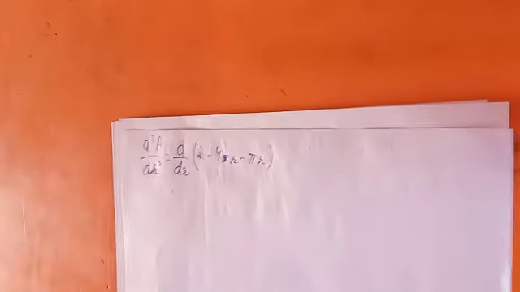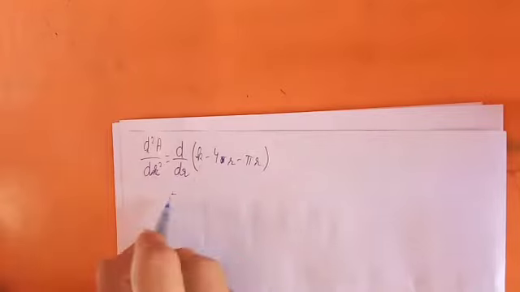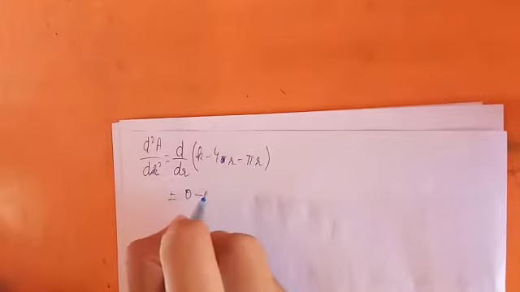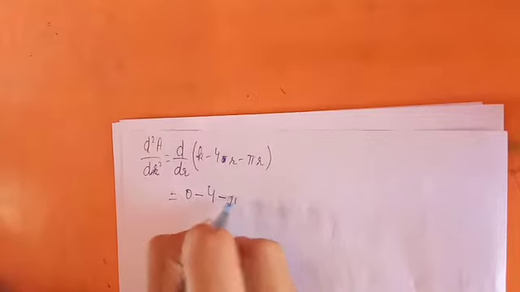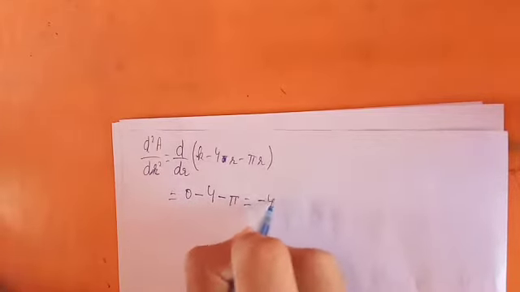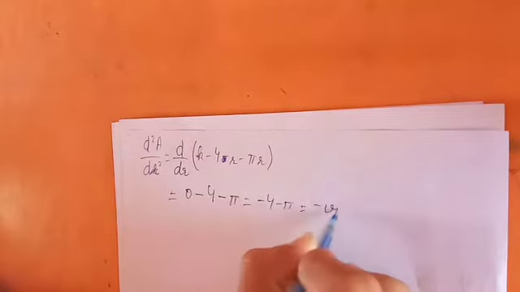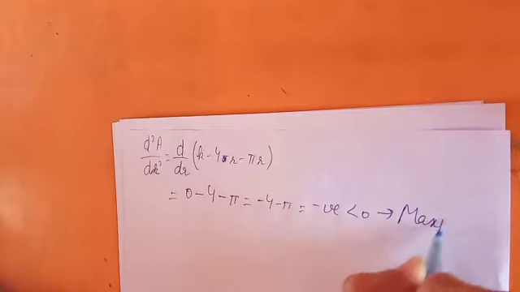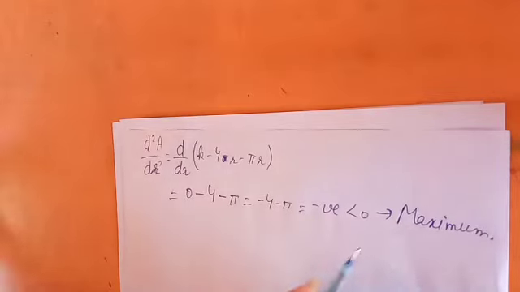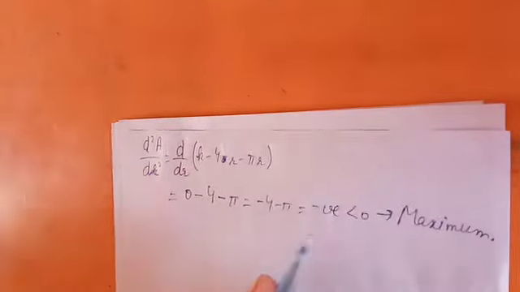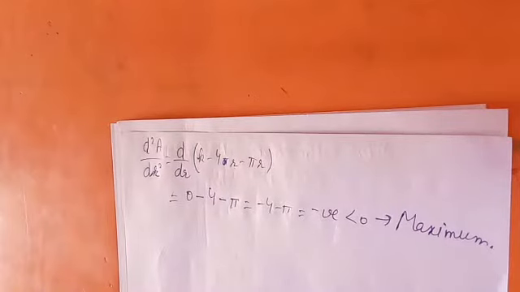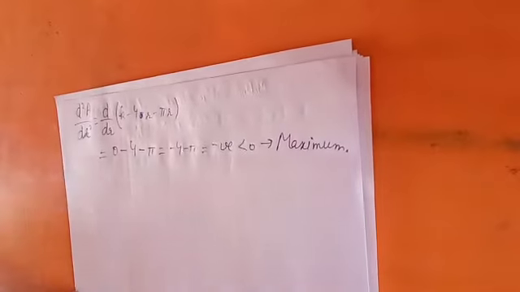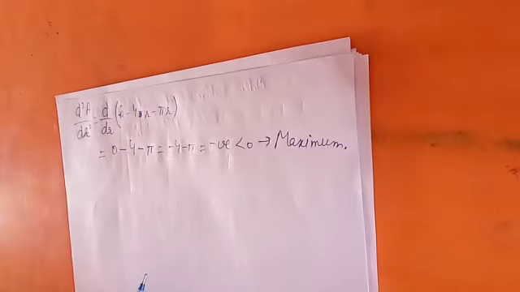Its differentiation: k is a constant, so it is 0, minus of 4r will be 4 minus pi, that means minus 4 minus pi, which is negative. Negative means less than 0, and we have a point of maximum here. Therefore at r equal to k by (4 plus pi) we have a point of maximum, meaning our area will be maximum.